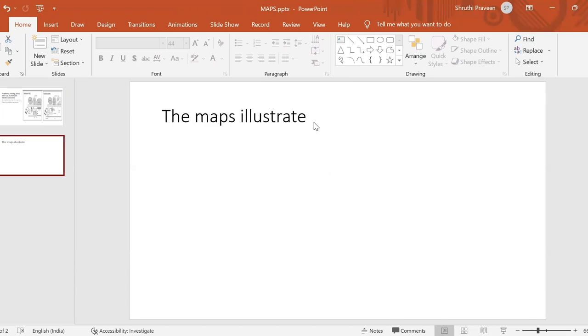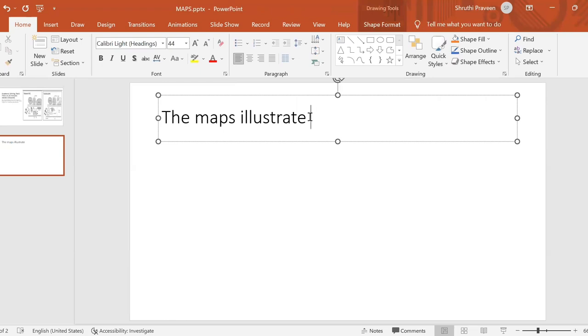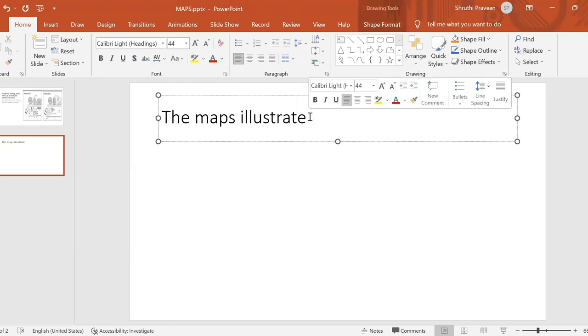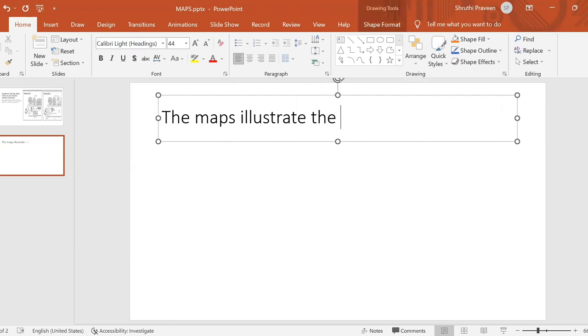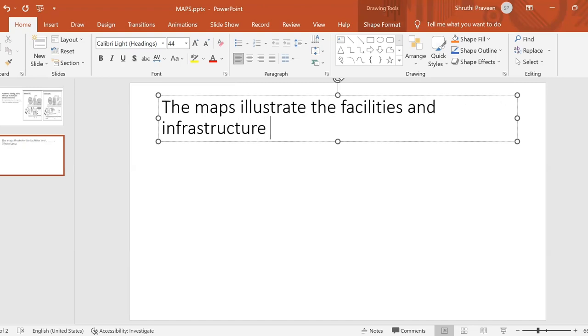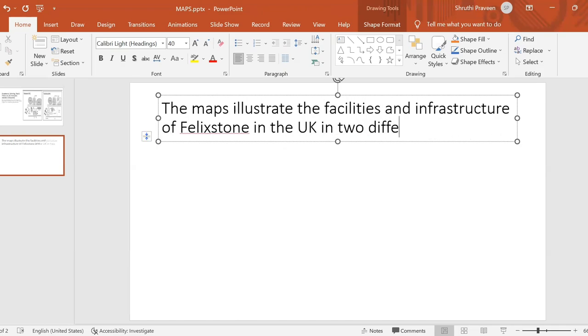Be careful not to write any data in your introduction as well as in your overview paragraph. The maps illustrate the facilities and infrastructure of Felixstone in the UK in two different time periods.